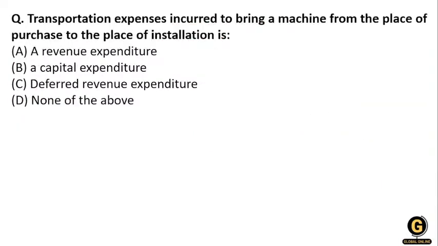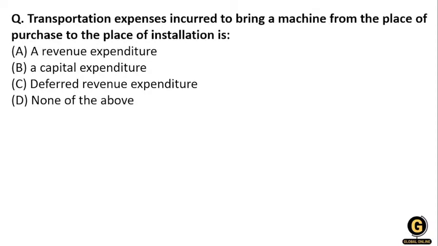Okay, then the next one: transportation expenses incurred to bring a machine from the place of purchase to the place of installation. So what kind of expenditure is this? The question is asking what kind of expenditure this is.